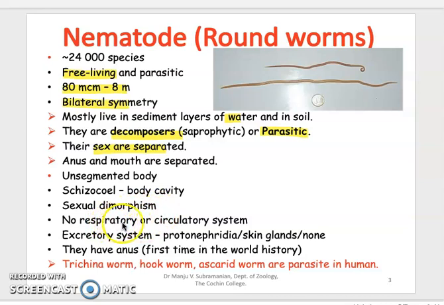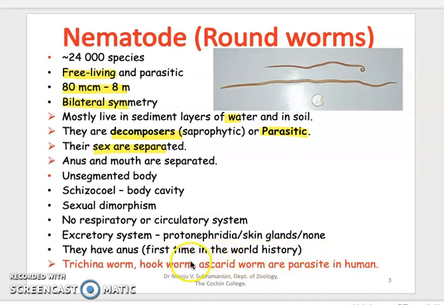Then no respiratory or circulatory system is found. Since most of them are parasitic forms, they need not have any respiratory or circulatory system for survival. The excretory system is of the protonephridia type or skin glands, or in some forms the excretory system is absent.